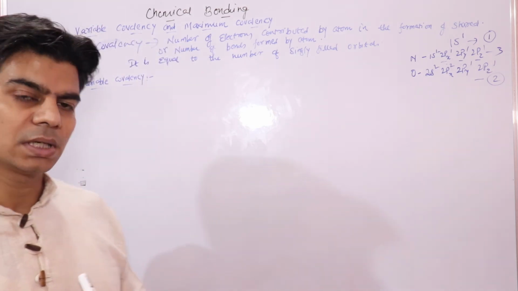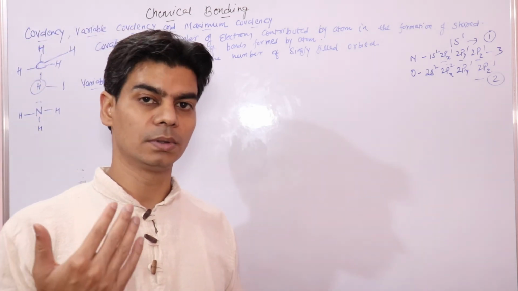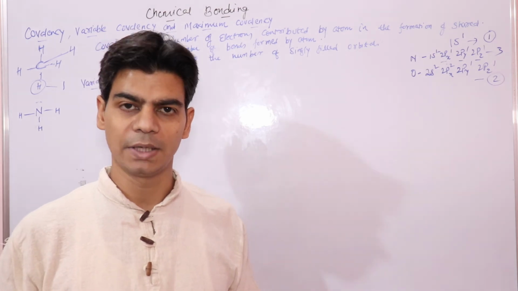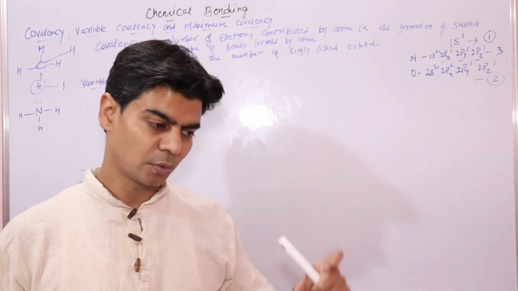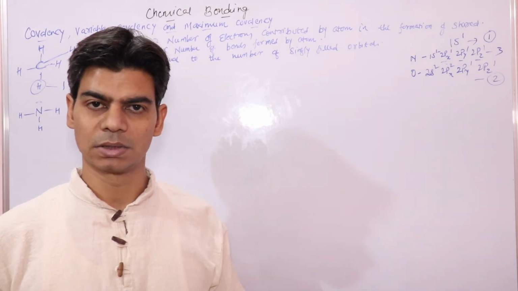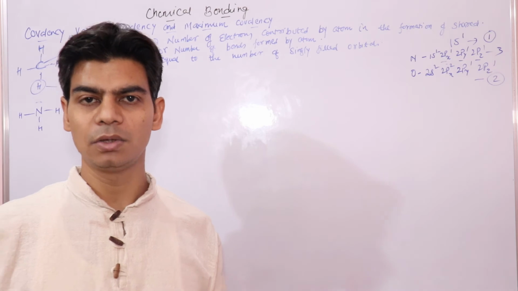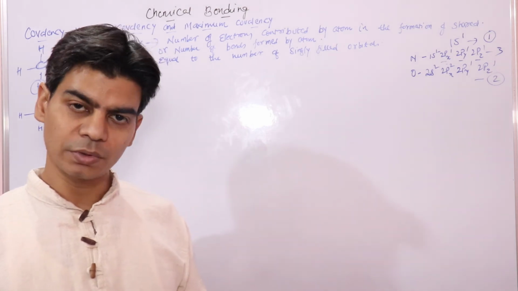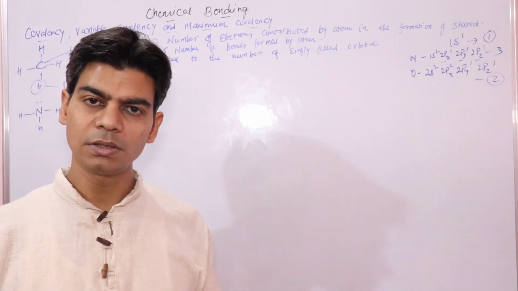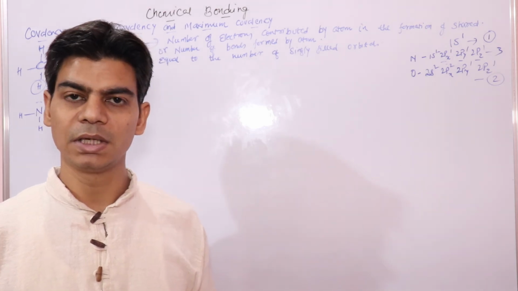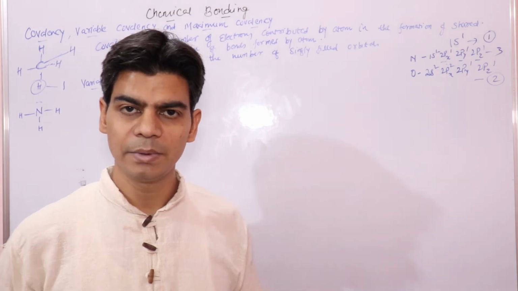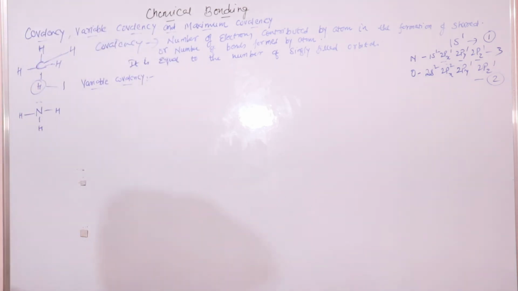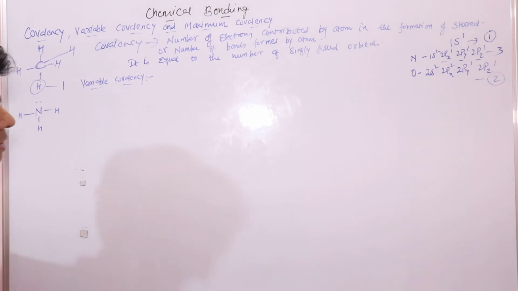Variable covalency is again due to the presence of vacant d orbitals. If you have vacant d orbitals, then electrons from s orbitals and p orbitals can be transferred to the vacant d orbitals. When you transfer electrons to vacant d orbitals, they will be singly occupied, or half filled, and that will contribute to the variable covalency. We will understand by taking some examples.